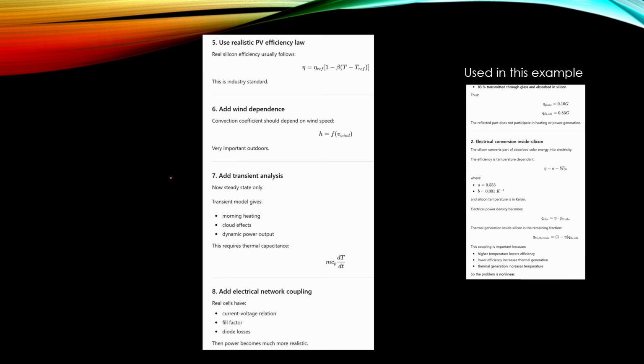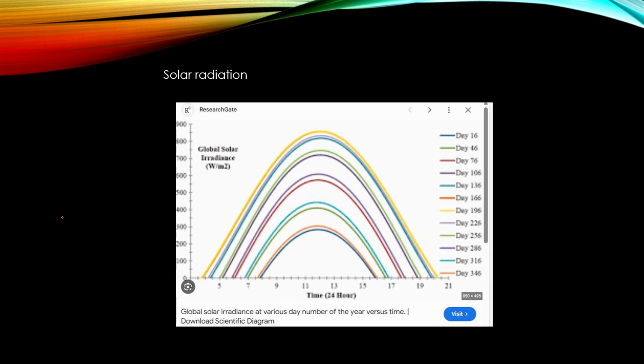You can also move to transient analysis. Then you will get information how the panel temperature is changing as a function of time. For example, from net you can find information how this solar radiation is changing during daytime.